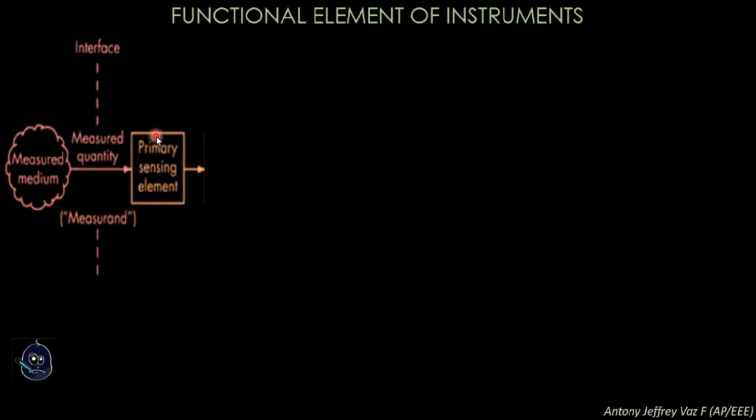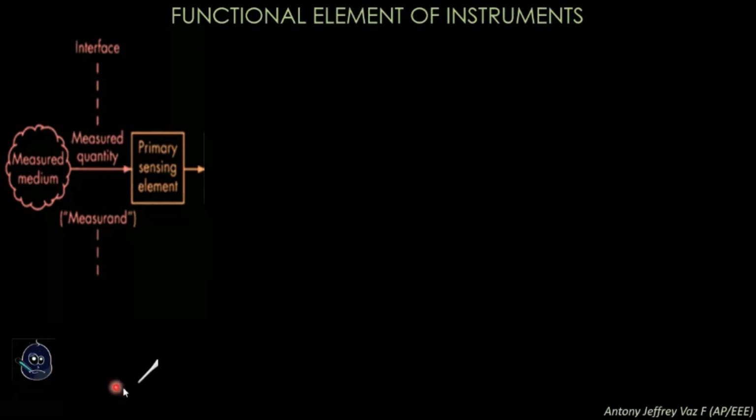The primary sensing element is the main element or the first element which is going to get contact with the source. In case of the body temperature measurement, the first element which is going to contact with your body is the tip of the thermometer. This thermometer tip is going to get contact with the body surface of the human whose temperature you are going to measure.